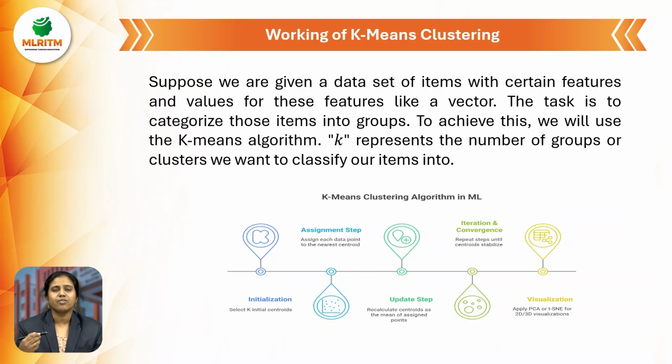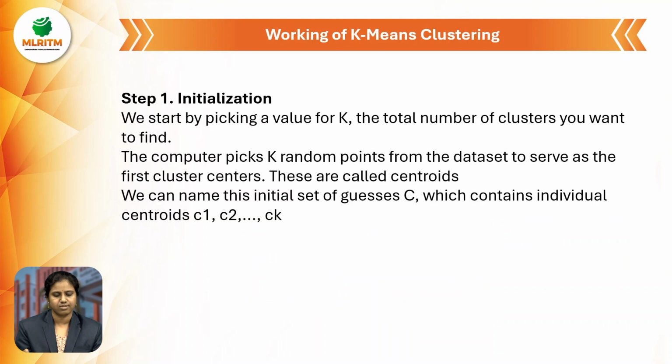Then iteration: we have to repeat the steps until there is no change in the centroids, and the same values remain. It should not change. We can see this visualization by applying PCA, principal component analysis, for 2D or 3D visualizations.